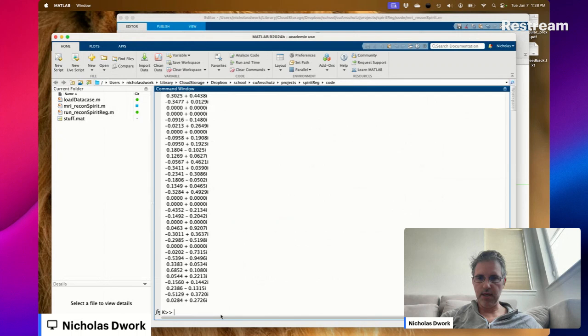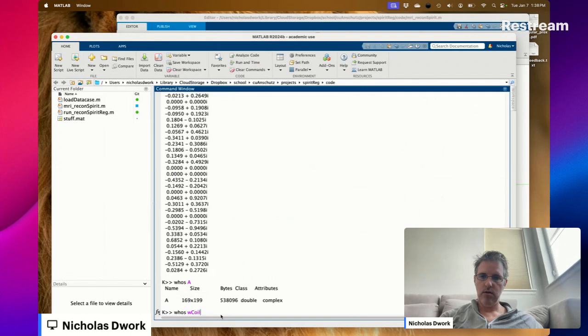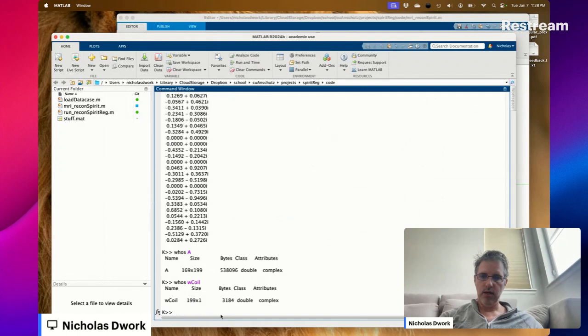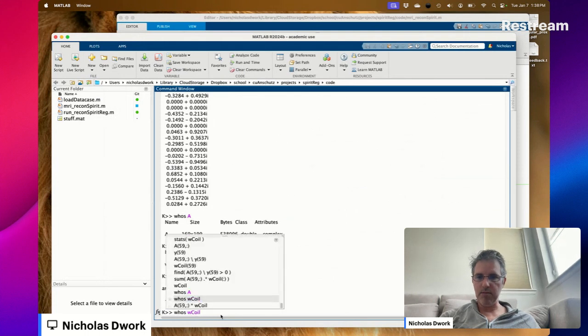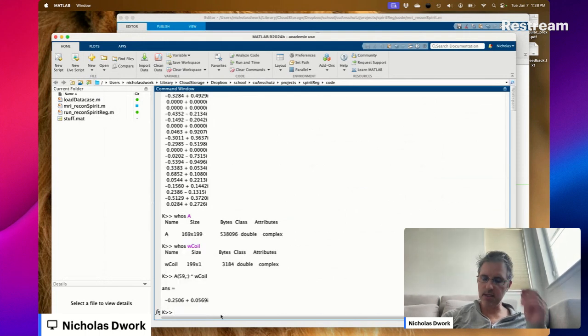So now I just want to take the dot product of the 59th row of A with W coil. Okay. So multiply A59 times W coil. What does that give me? That value. Okay. But somehow if I did the dot product, it's because it's complex. It's not just pointwise multiplication.